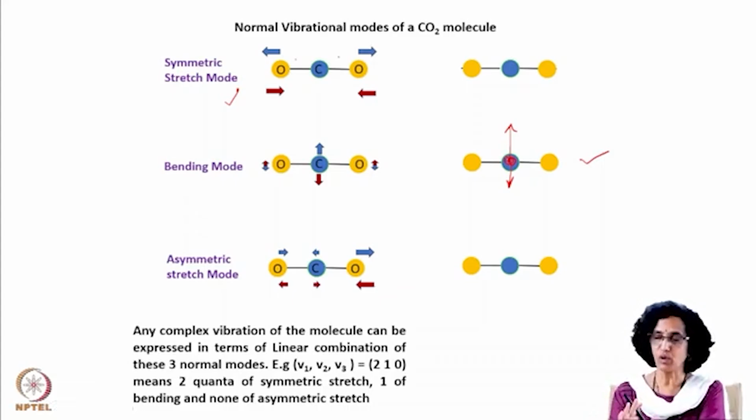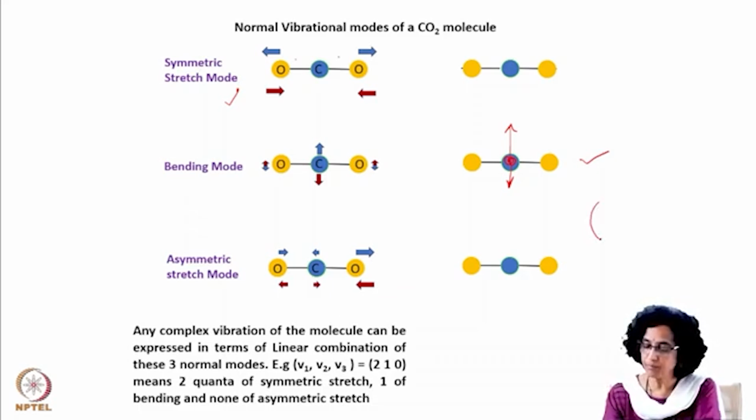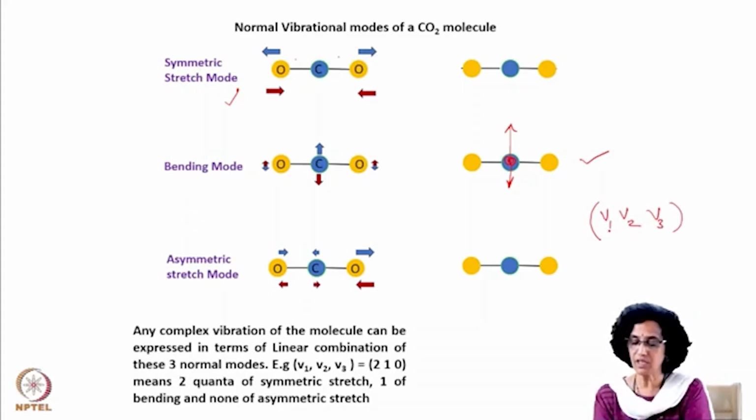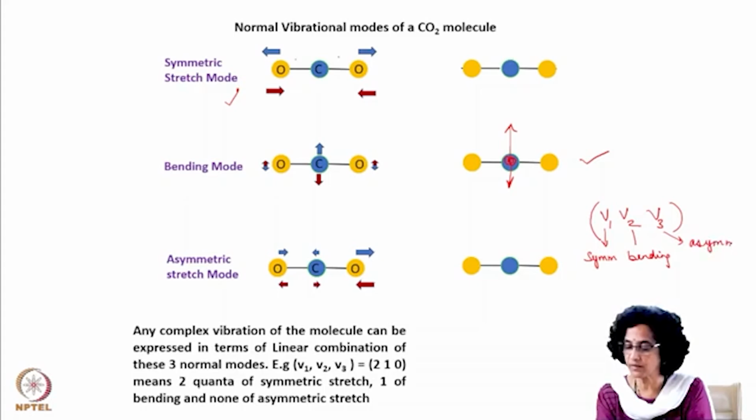So a CO2 molecule, when it is in the ground vibrational state, we can show its position in terms of V1, V2, V3, where V1, V2, and V3 are the vibrational quanta corresponding to, this is symmetric stretch mode, this is the bending mode, and this is the asymmetric stretch mode.